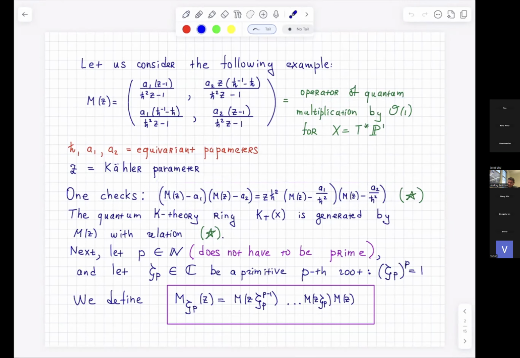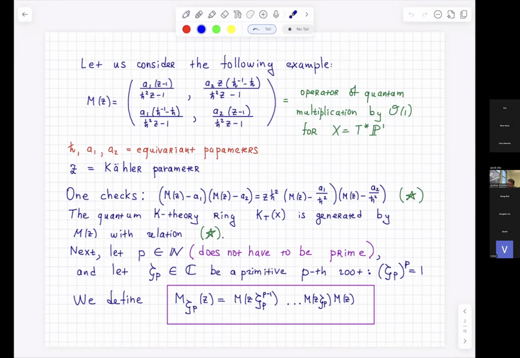And this relation is actually nothing but the relation in the quantum K theory ring of this variety. In fact, the quantum K theory ring of X is generated by M with only one relation. So this is exactly the relation in equivariant quantum K theory.